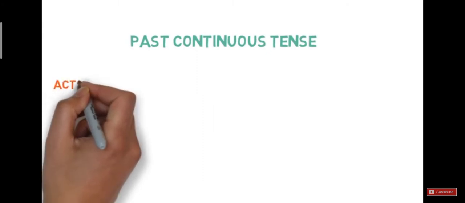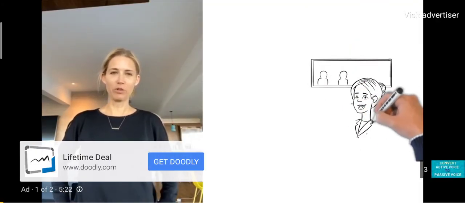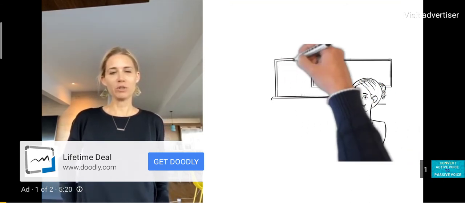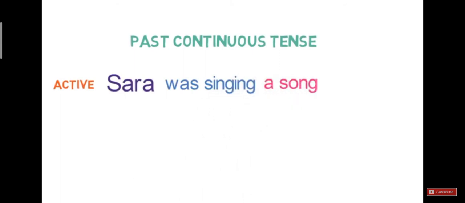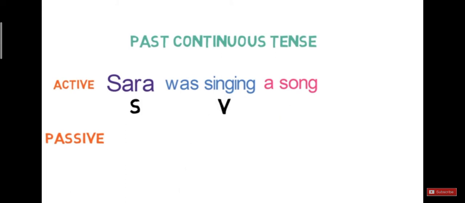Now the next one is past continuous tense. Sarah was singing a song. Passive voice. Again, a song will come into object's place. Sarah will go into subject's place.